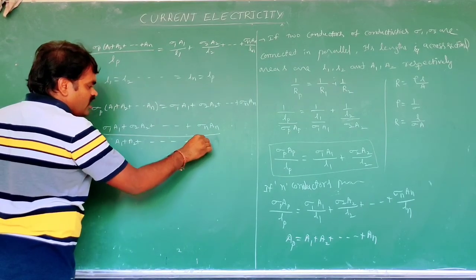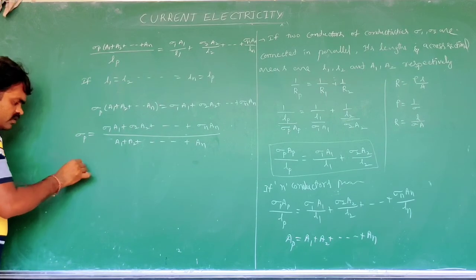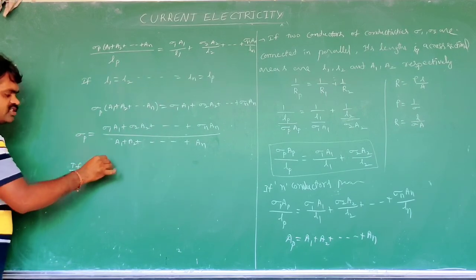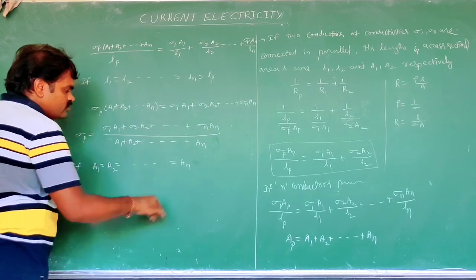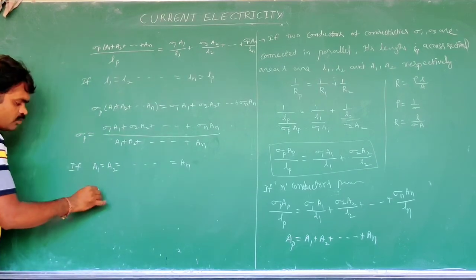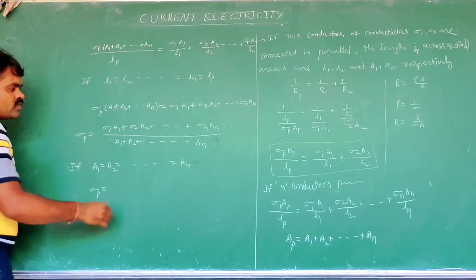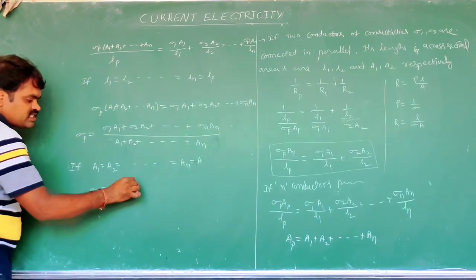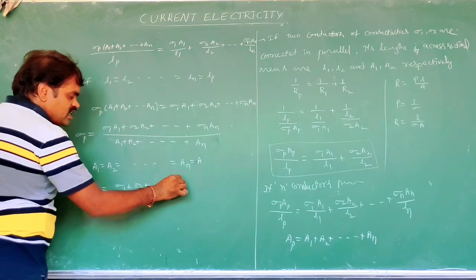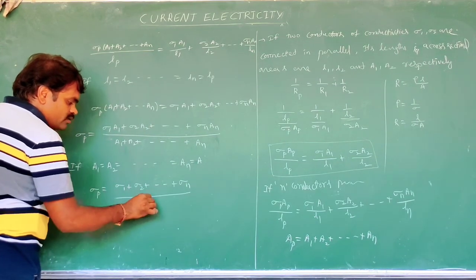If the cross-sectional areas are equal, A1 is equal to A2 dash is equal to An, equal to A, then sigma P is equal to sigma 1 plus sigma 2 plus dash dash sigma n by n.